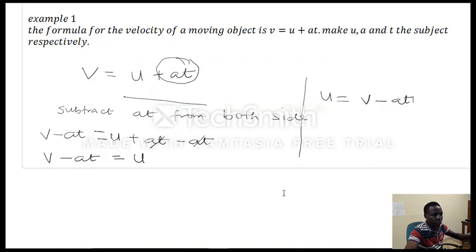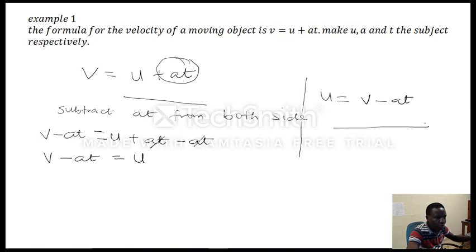Next, they said we should make a the subject of the formula. Make u, a, and t the subject of the formula. We have made u the subject of the formula from this expression: u is equal to v minus at. So I'm going to make a the subject of the formula.